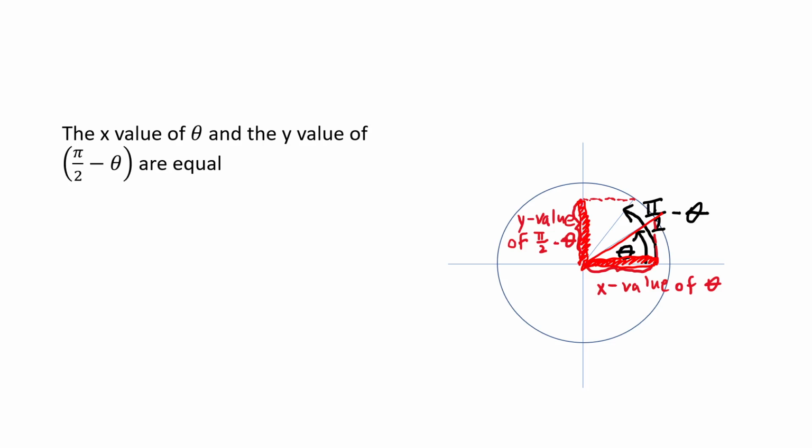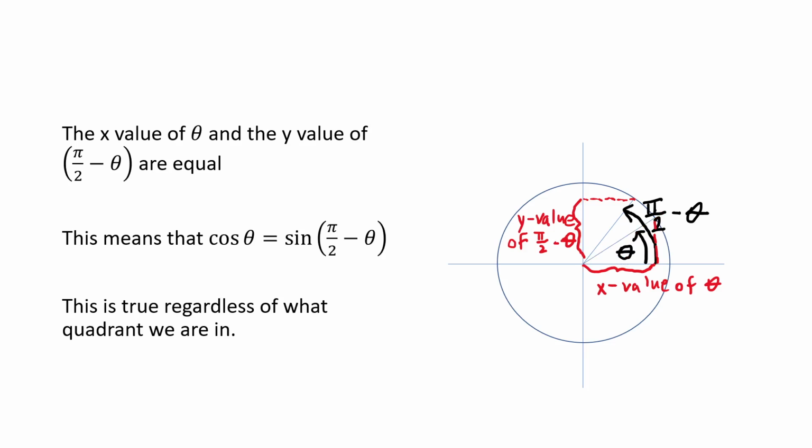We'll see that the x value of theta, the horizontal side, and the y value of pi over 2 minus theta, the vertical side, are equal. And that's code for saying that the cosine of theta is equal to the sine of pi over 2 minus theta. And both of these relationships we've just established will be true regardless of what quadrant we're in, and hopefully you'll trust us on that.